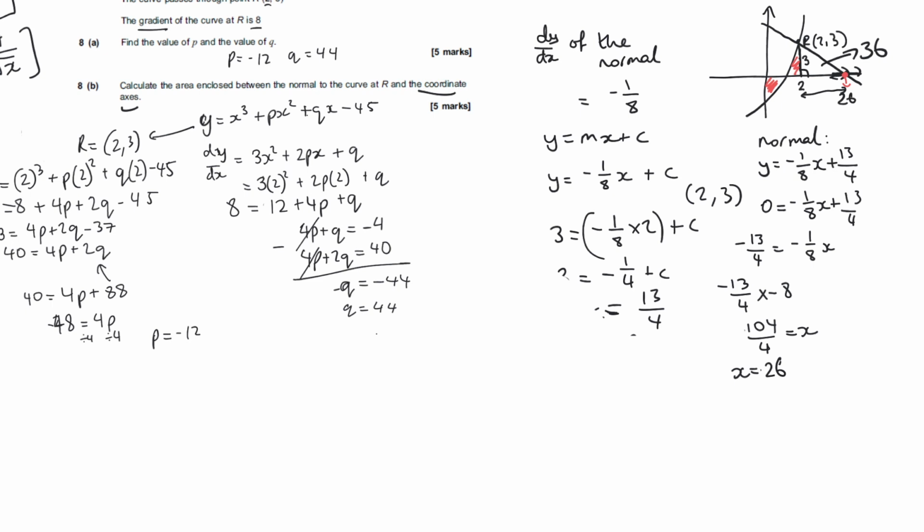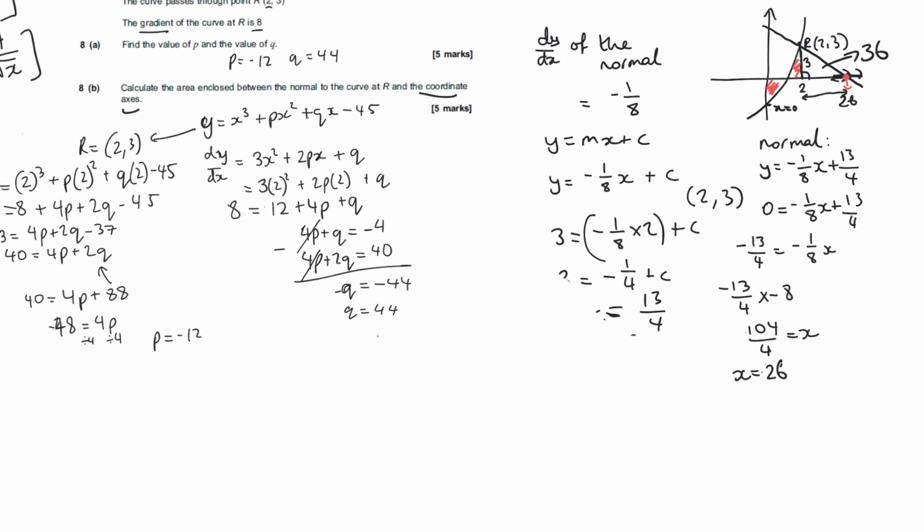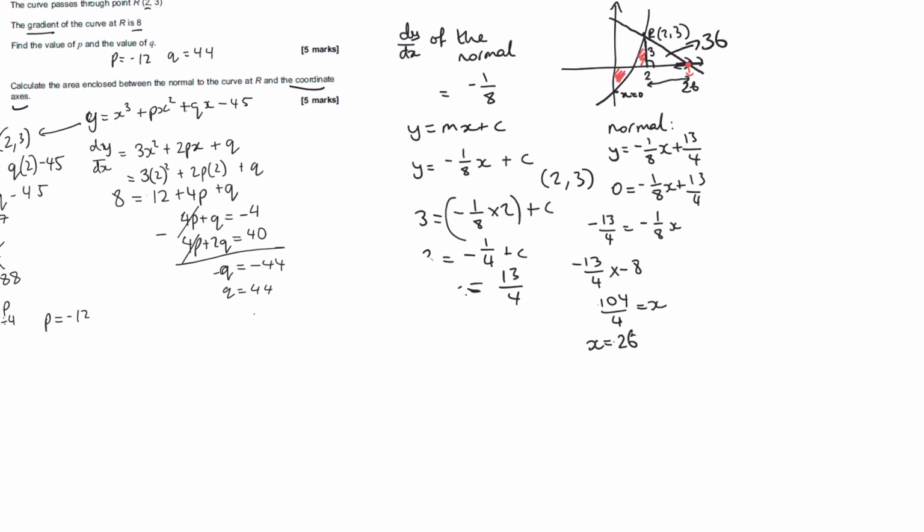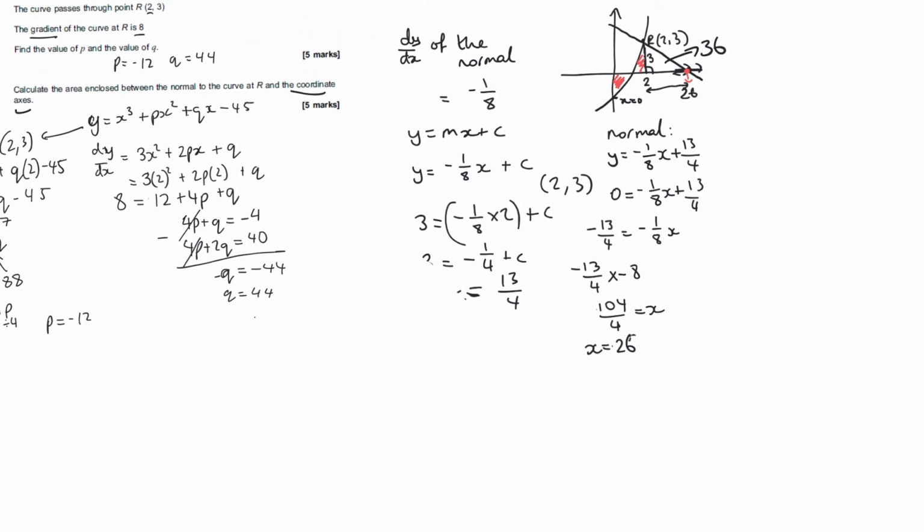And so to do that, at this point, we can see that y is equal to 0. It's the y-axis. So x is equal to 0 at the y-axis. So if I move down.